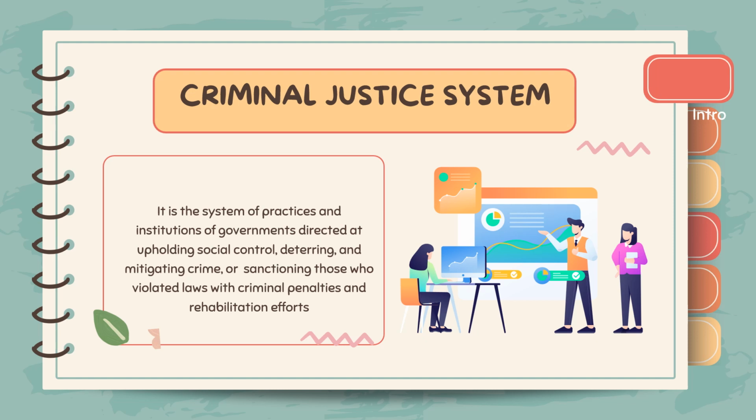So, just to summarize, the criminal justice system is directly involved in apprehending, prosecuting, defending, sentencing, and punishing those who are suspected or convicted of criminal offenses.